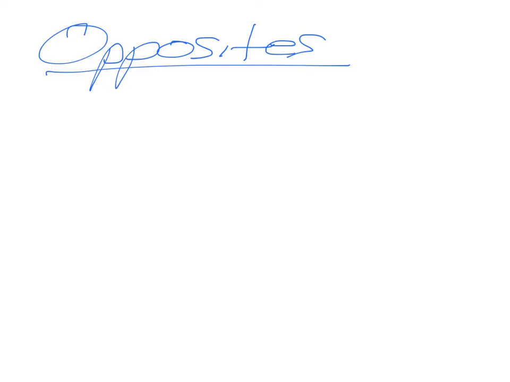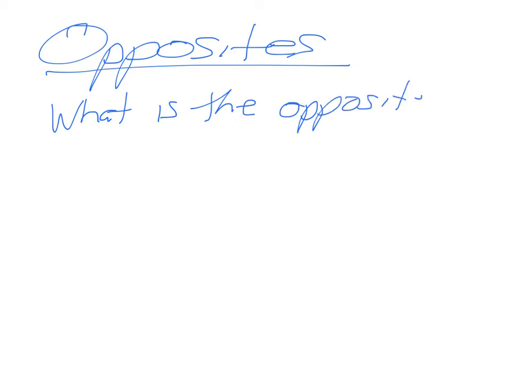So, for example, if I said to you, what is the opposite of -3? We know that is 3 units away from 0 on the left side. What number is 3 units away from 0 on the right side? Well, of course, that is 3. And that's why 3 and -3 are known as opposites.